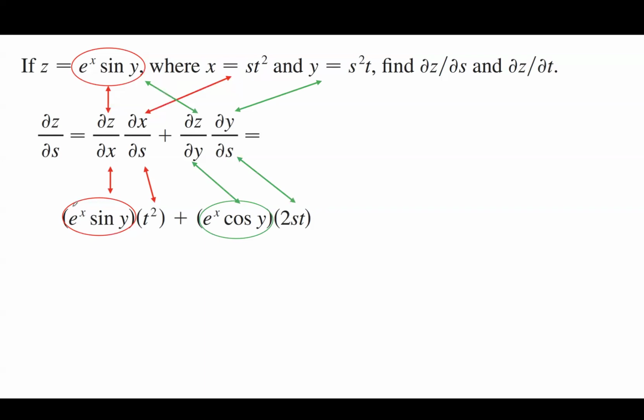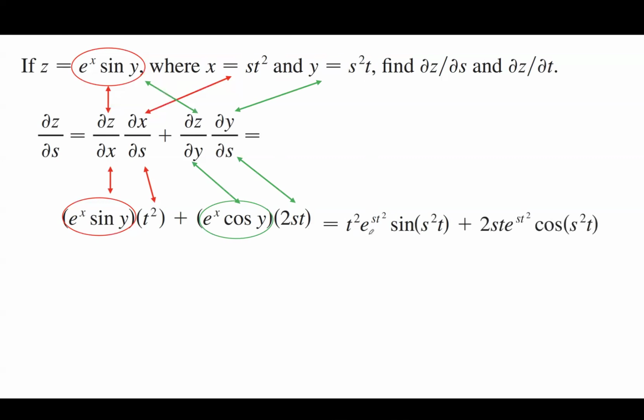Okay, so as you can see, you have x, y, s, and t. Let us do a little bit of substitution. Wherever we see x, we're going to use st squared. Wherever we see y, we're going to use s squared t.